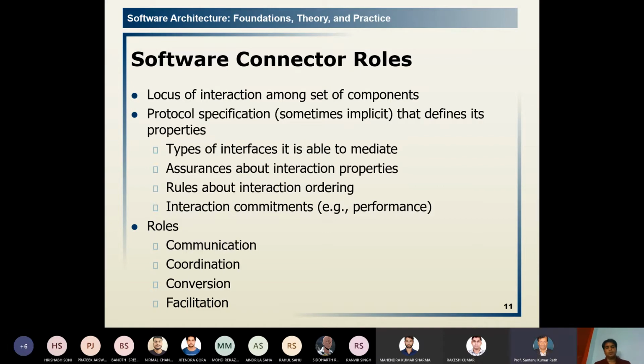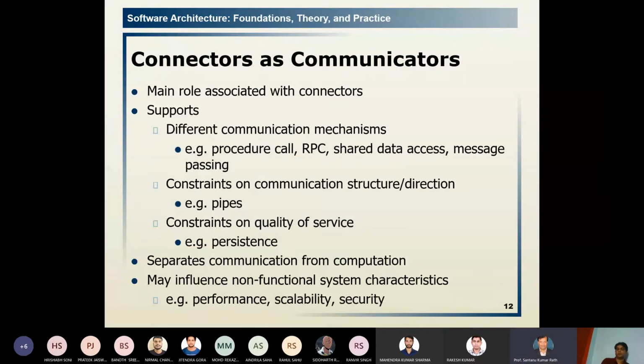Then the roles: one is communication, one is coordination, one is conversion, and facilitation, to provide facility. To communicate, to coordinate, to convert, to facilitate. 3 C and 1 F. Keep it in mind, we will always ask you, and you will read a lot on each one.